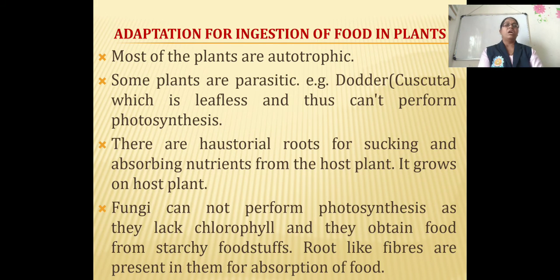Next one is how they take their food. That means adaptation for ingestion of food in plants. Most plants are autotrophic. Autotrophic means they make their own food. Some plants are parasitic. That means they depend for food on others. They are leafless and thus can't perform photosynthesis. For example, here is given cuscuta, that is dodder.